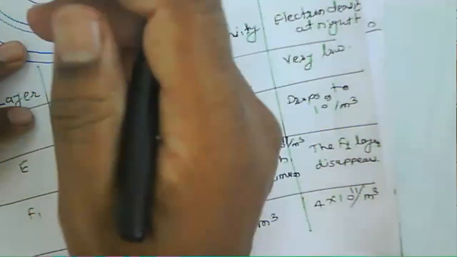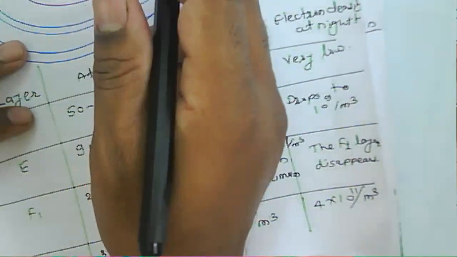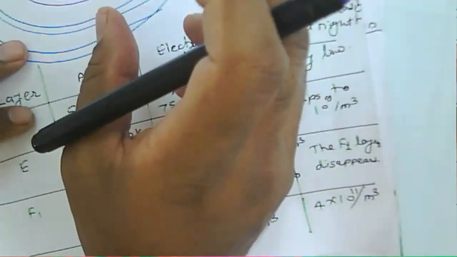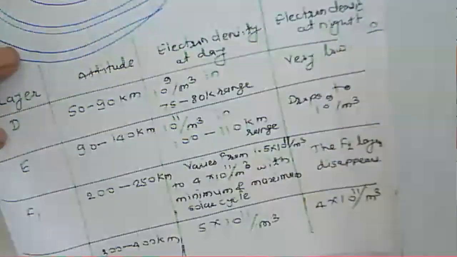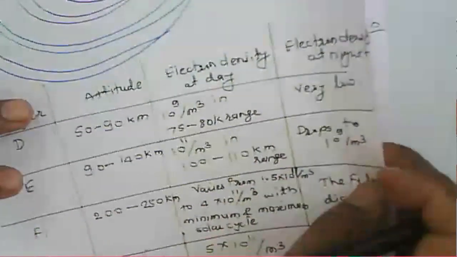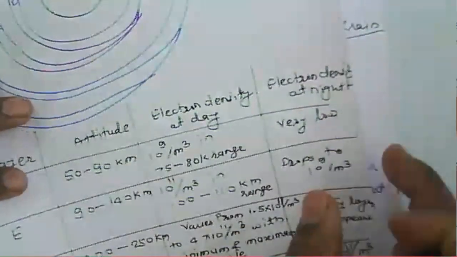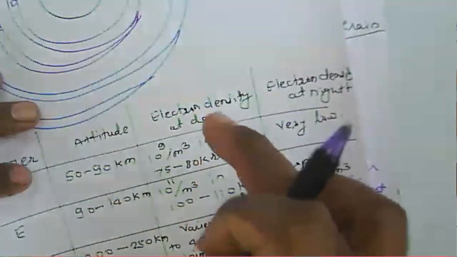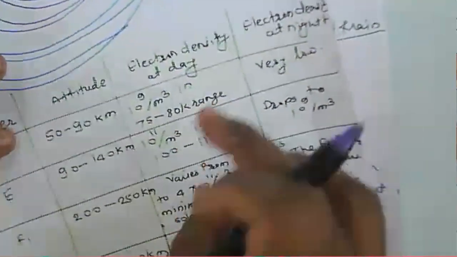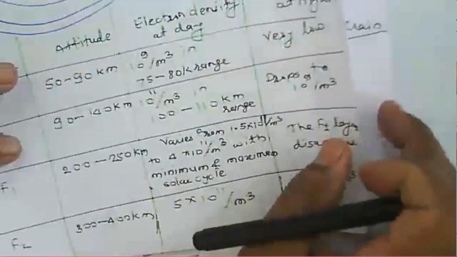Ionization is caused by solar radiation, and due to that solar radiation, the free electron density changes between day and night.